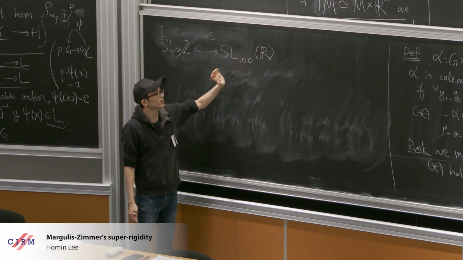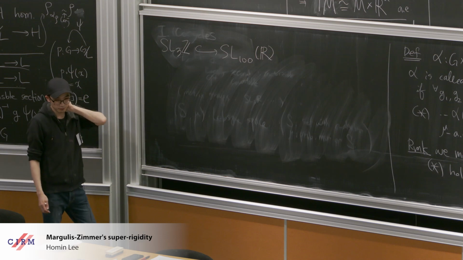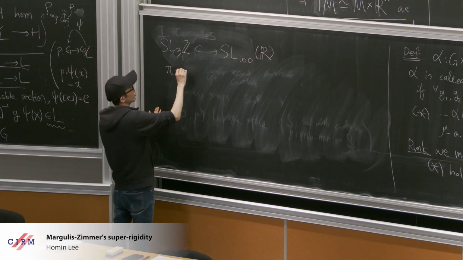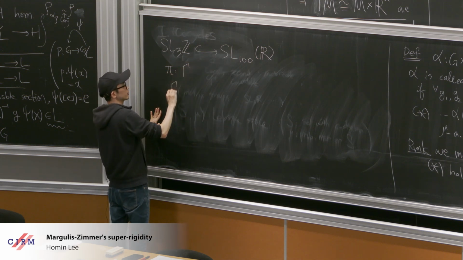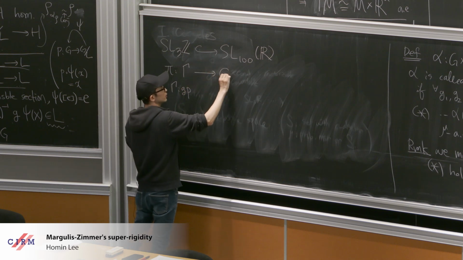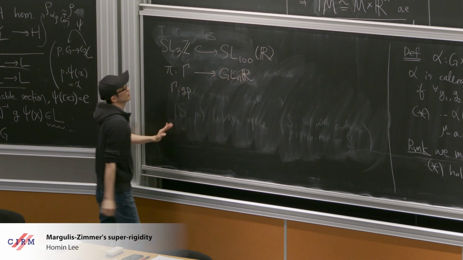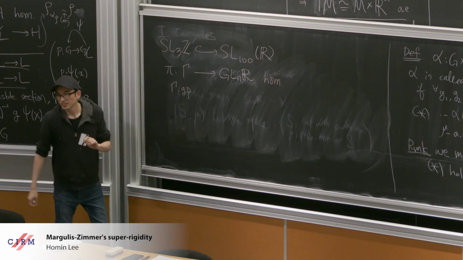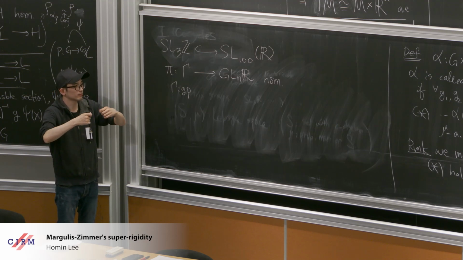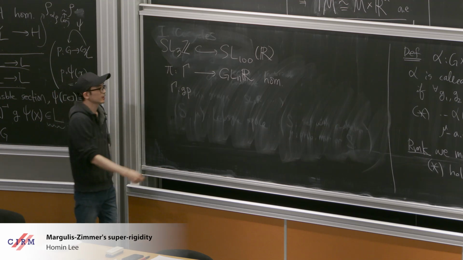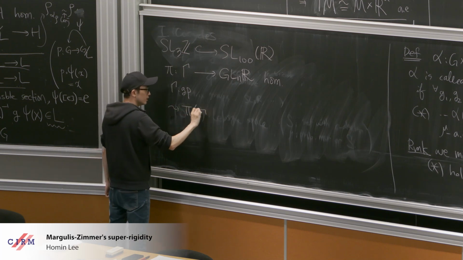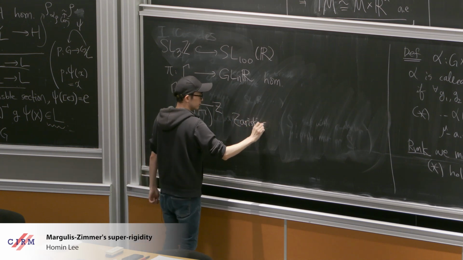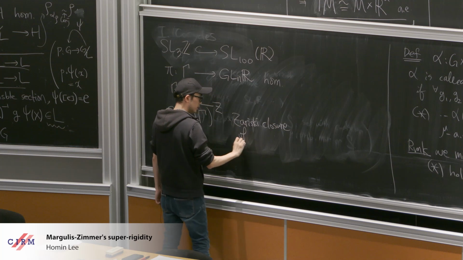It's somehow too big for SL3Z. So if you think about a homomorphism from, say, gamma, a group, to GL n R, then the right envelope or group we want to consider is the Zariski closure of phi of gamma.